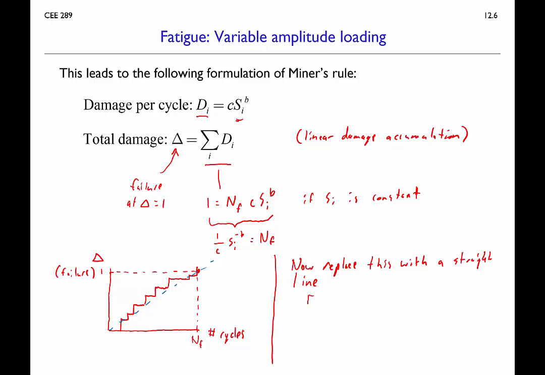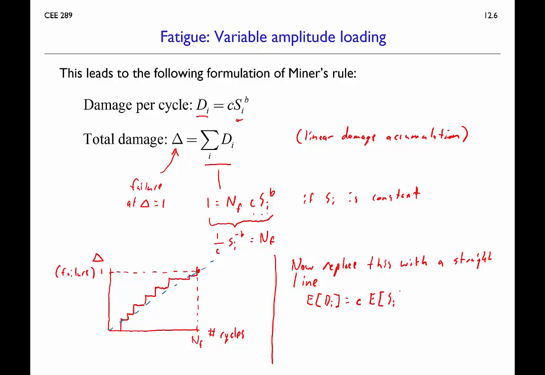So we could say the expected value of the damage from a particular cycle is going to be the expected value of how much damage has been accumulated. So it's C S_i to the power B. The constant C can come outside.